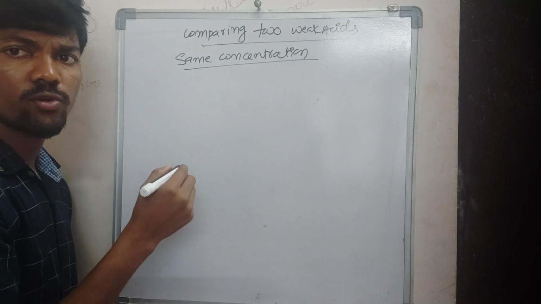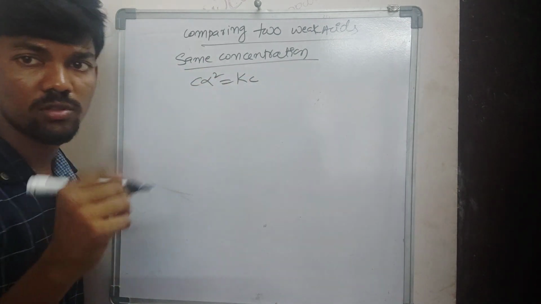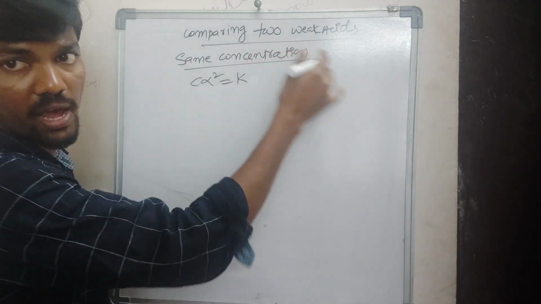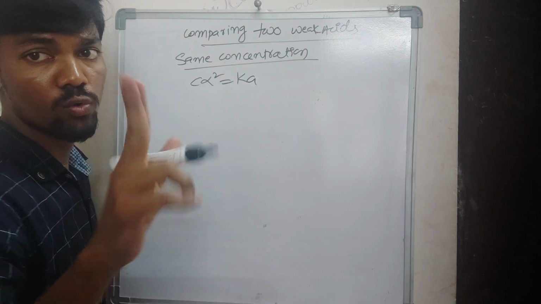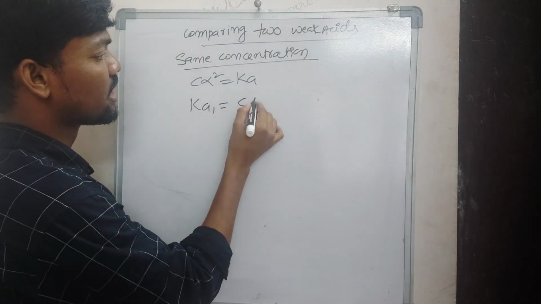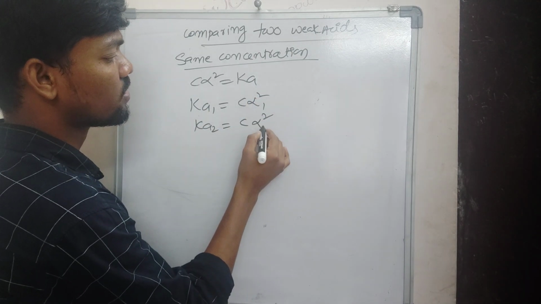You know that Ka is equal to C alpha square. Suppose two acids are given: Ka1 is equal to C alpha1 square, and Ka2 is equal to C alpha2 square. This is 1, this is 2.